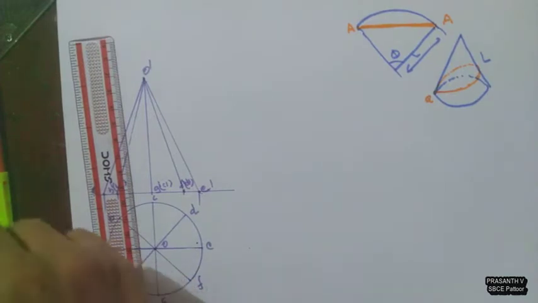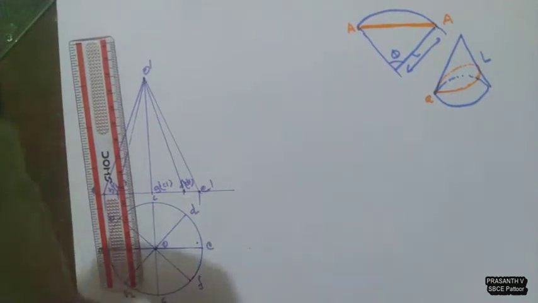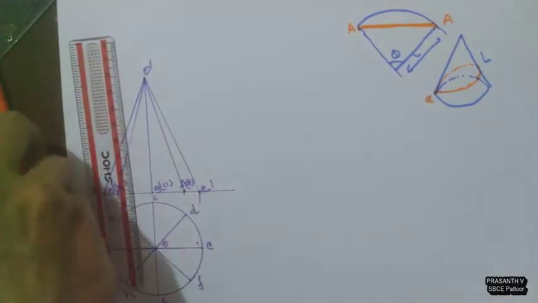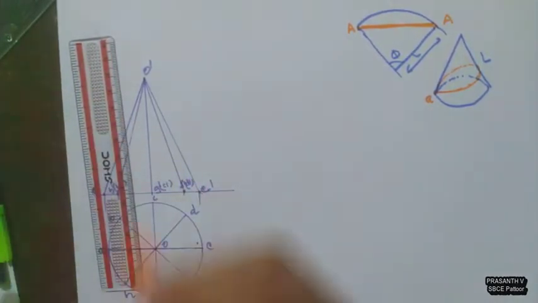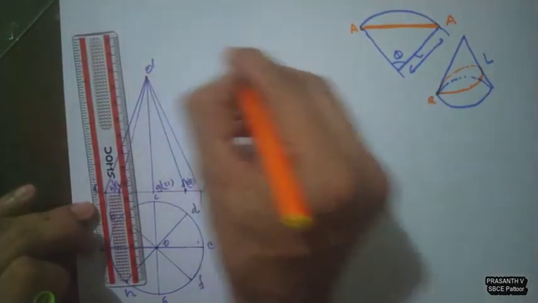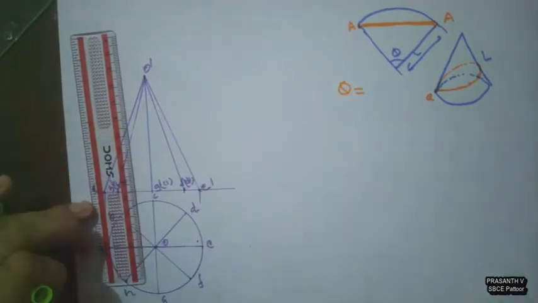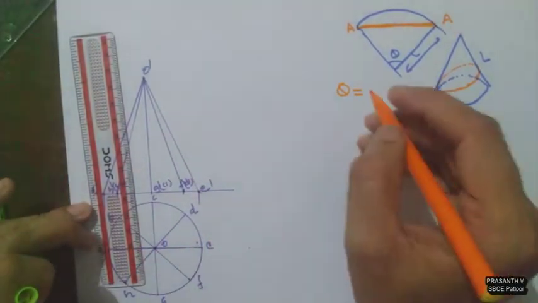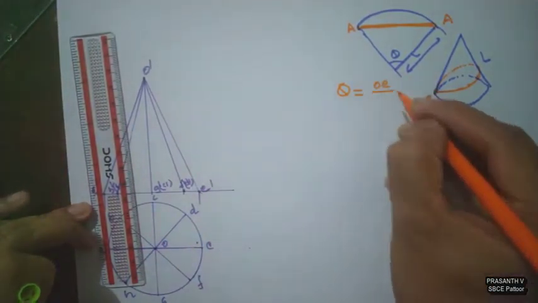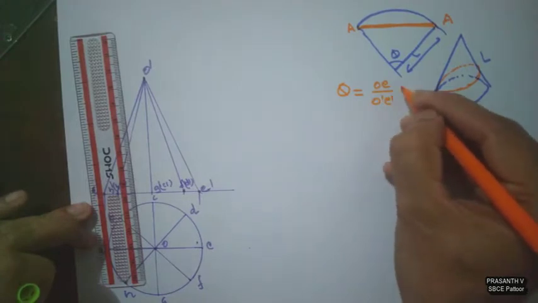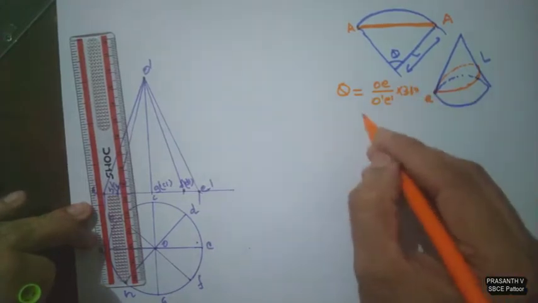Now we have to develop the cone. Before that, we need to find the angle theta. Angle theta is OE divided by O dash E dash, into 360.